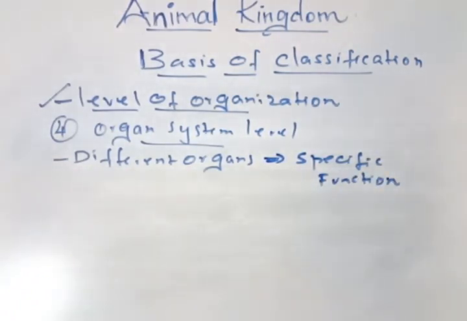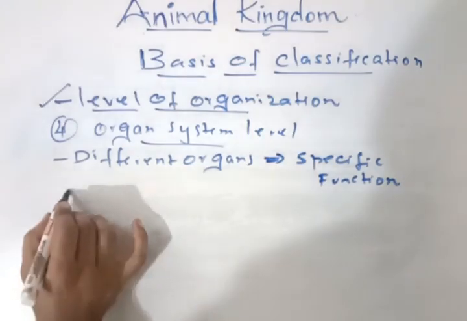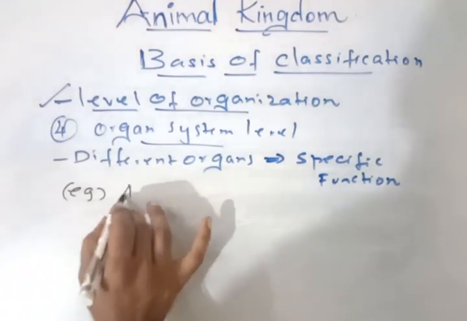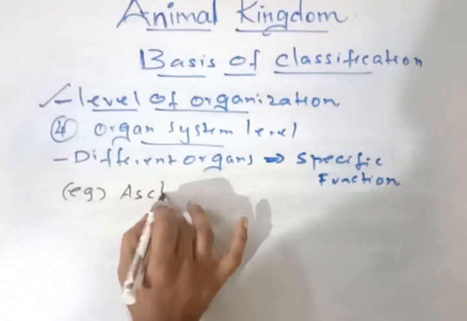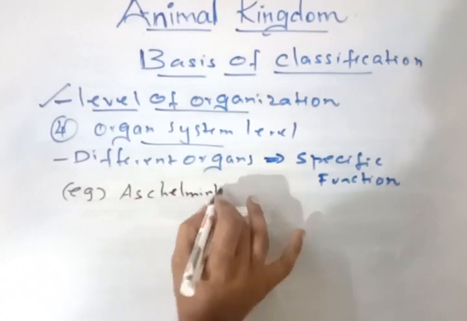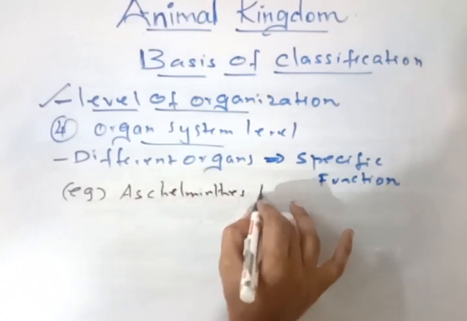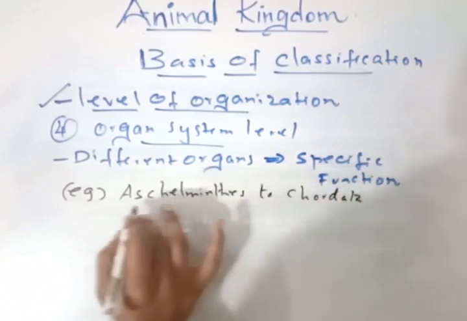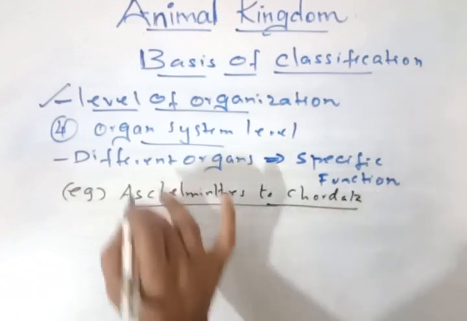The examples are very important. So far we discussed Porifera, Cnidaria, Ctenophora, Platyhelminthes, and the next example is Aschelminthes, up to finally Chordata. All of these come under organ system level.